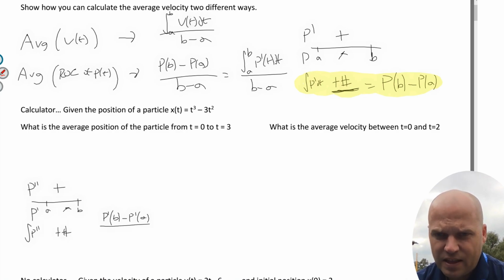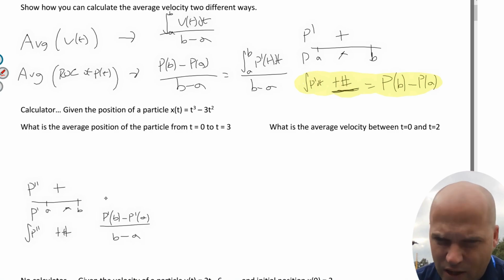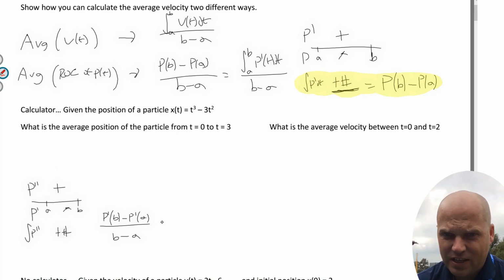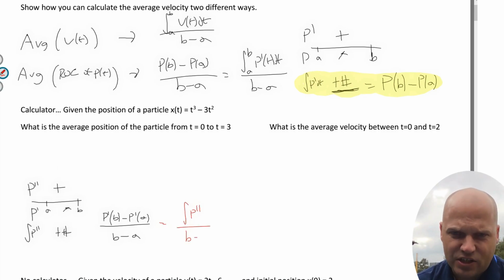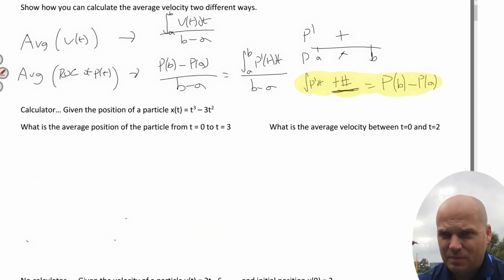If I divide this by B minus A, I'm getting the average rate of change of P prime. Well, this is actually the same as adding up all of my accelerations and dividing by my interval. This is the average acceleration. This might be confusing, but this is the understanding.